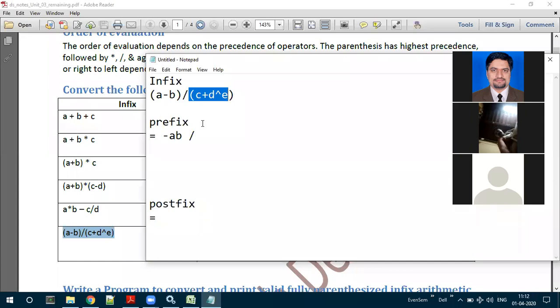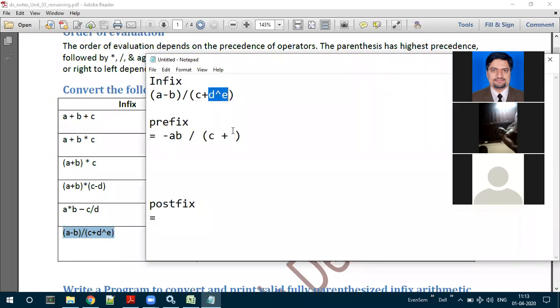Now these brackets, I will keep the brackets as of now. Within the brackets we have two operations, that is plus and power of. Among plus and raised to, the highest precedence is for the power. So we first keep C as it is, then plus as it is, then we have to solve D to the power of E first.